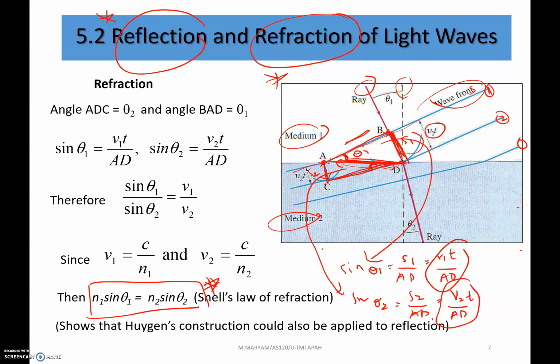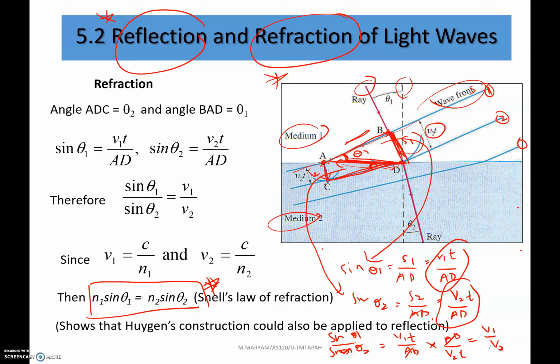So let's try. Sine theta 1 divided by sine theta 2. So I will get V1t over AD times AD, because if you divide, you have to turn it upside down, so times AD over V2t. So I can cancel out my AD. I will get V1 over V2.